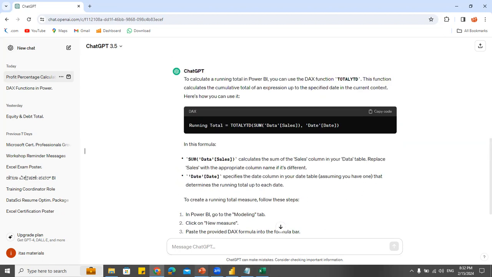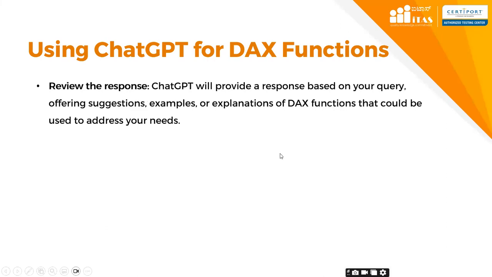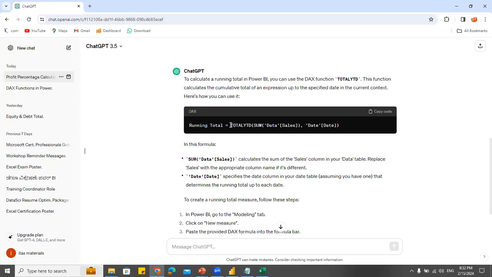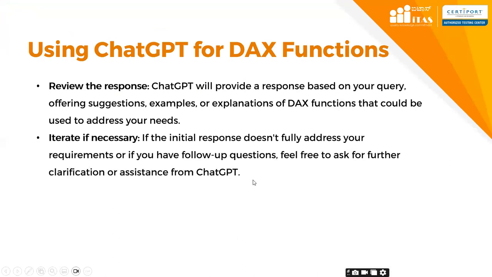That's why I've mentioned here: formulate your question, provide context, ask for assistance, interact with Chat GPT. Review the response, check whether it is right or not. Next, iterate if necessary.